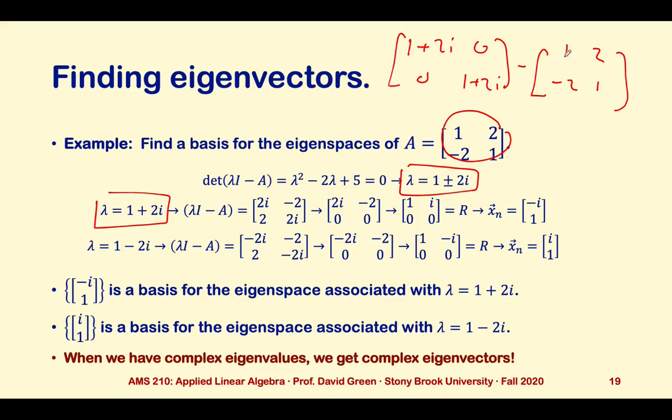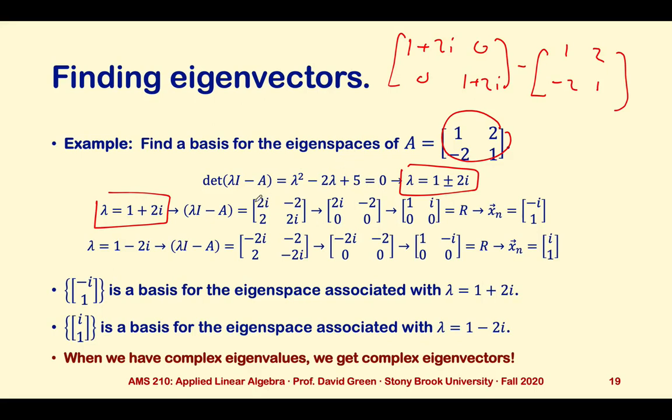1 plus 2i minus 1 just becomes 2i. 0 minus 2 is negative 2. 0 minus negative 2 becomes plus 2. And 1 plus 2i minus 1 becomes 2i. We can do elimination on this, but it's a little bit trickier. I'll just walk you through the idea of doing this.